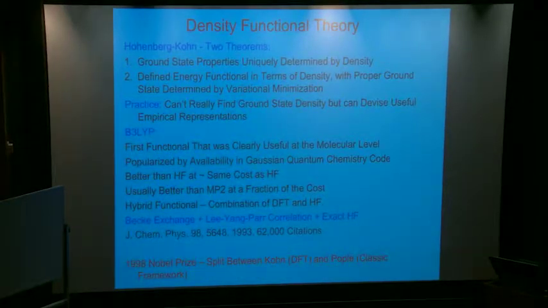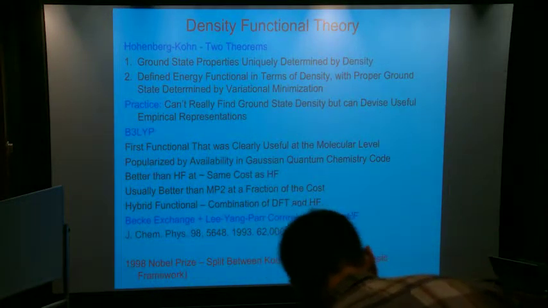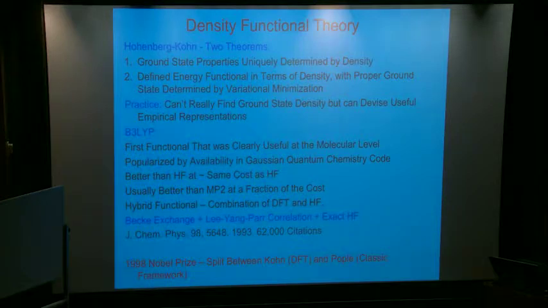All right, so what is density functional theory in 2 minutes? As I said, it starts by thinking about the densities. There's two theorems that are called the Hohenberg-Kohn theorems. First is that the ground state properties, remember, we're really interested in ground state energies. That was how we started when we talked about the electronic Schrodinger equation.